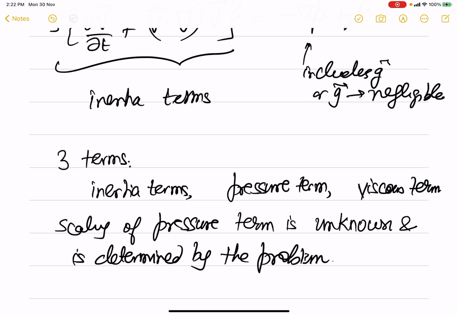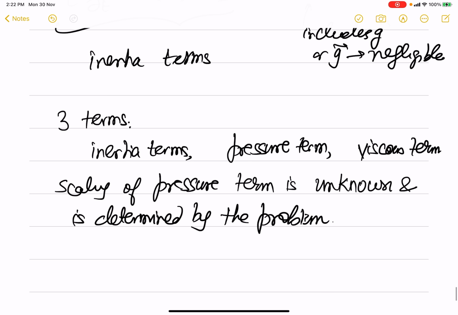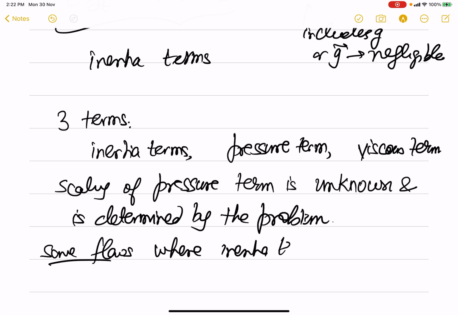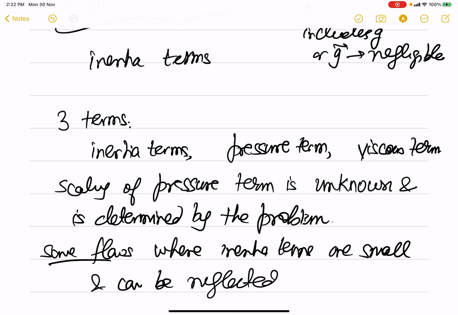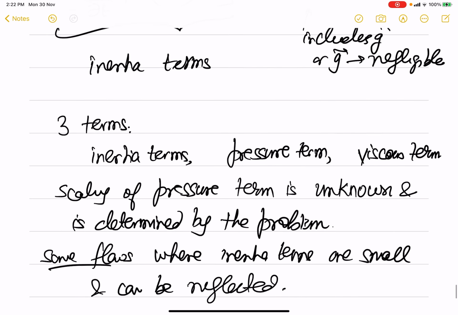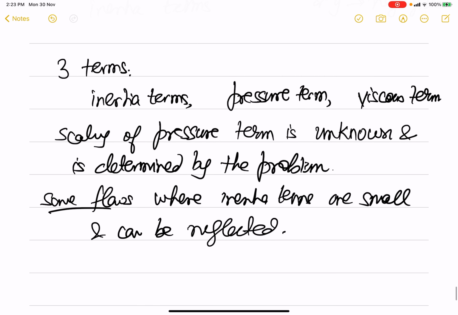And in a few lectures from now, we will be coming to this term called non-dimensionalization of the equation. And there we will show that there are some flows where inertia terms are small and can be neglected. The conditions for these we will do when we do the non-dimensionalization.